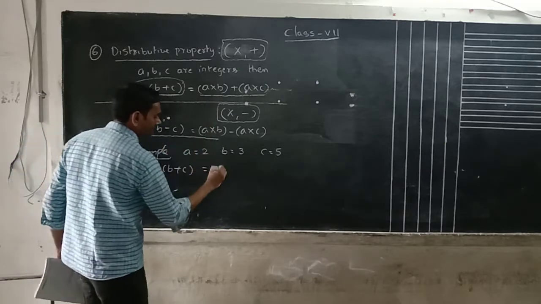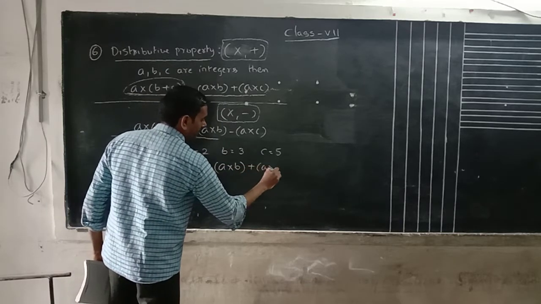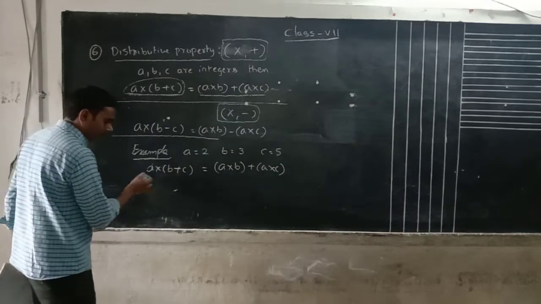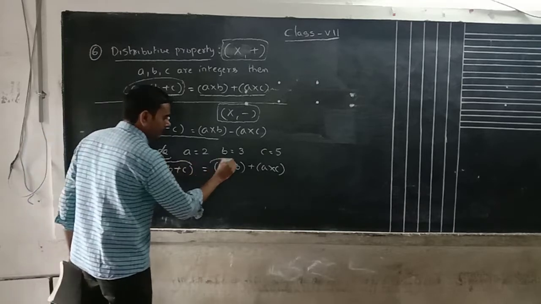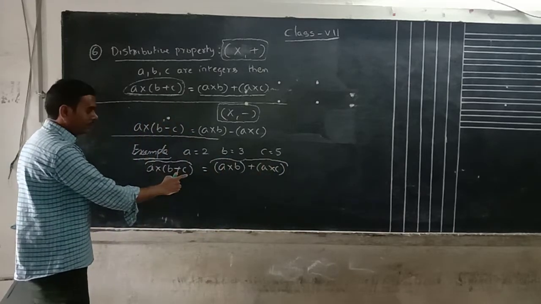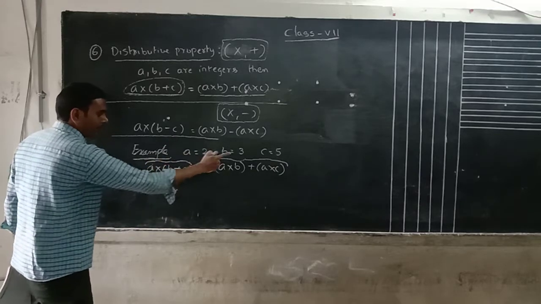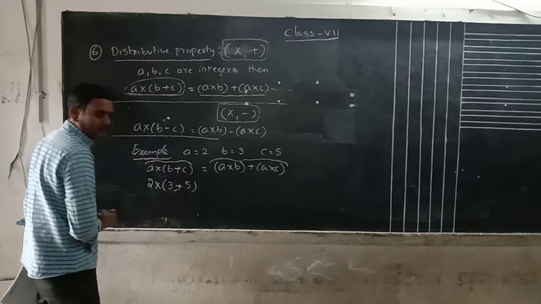The RHS part is a into b plus a into c. First we check this part, later we check the other part. First replace the a value, b value, c value: a value 2 into (b value 3 plus c value 5).